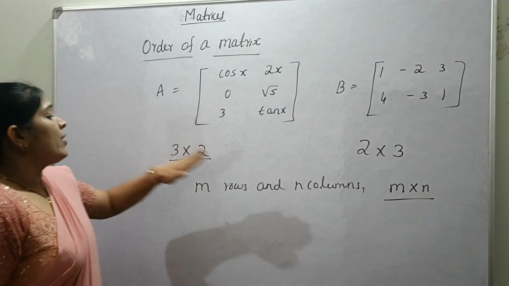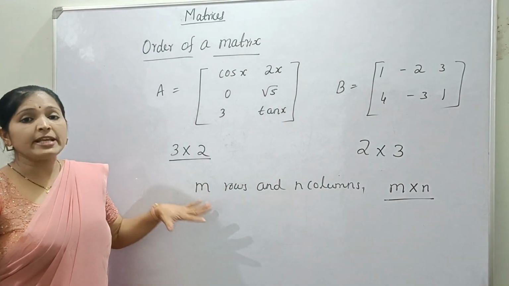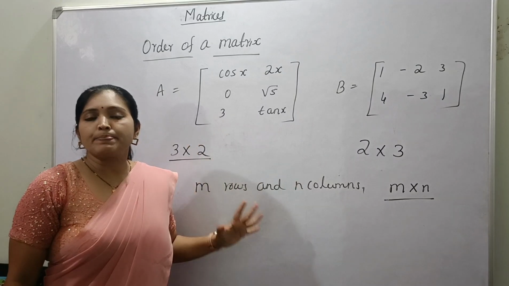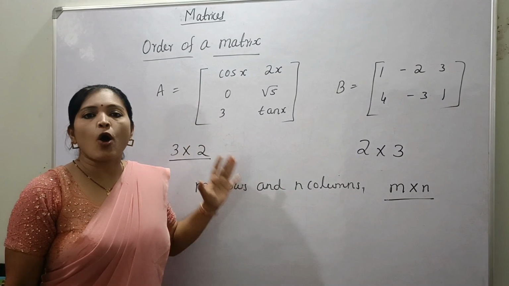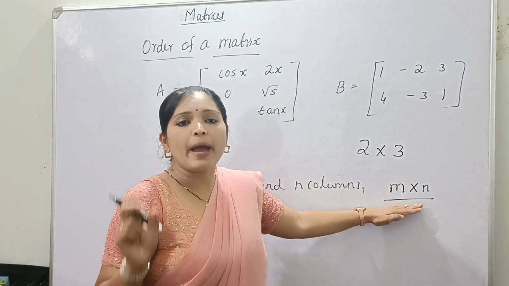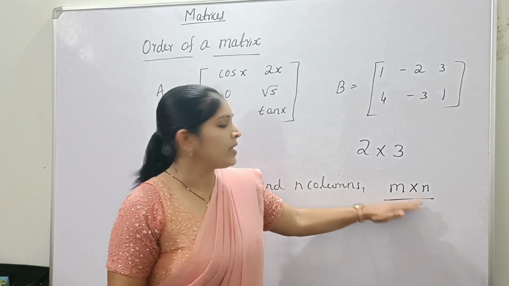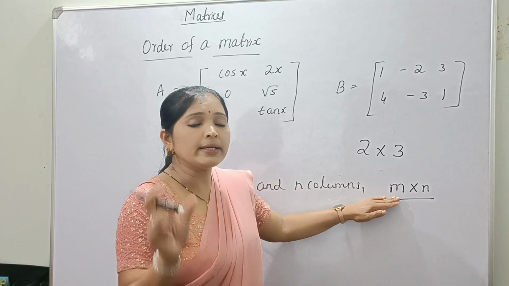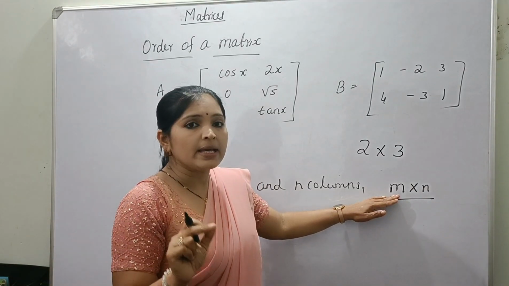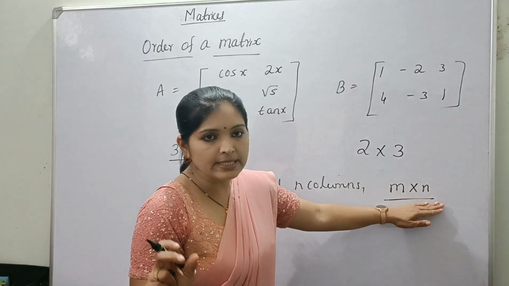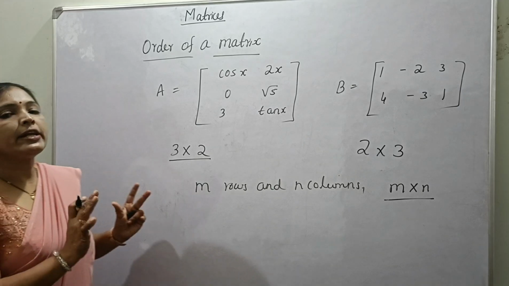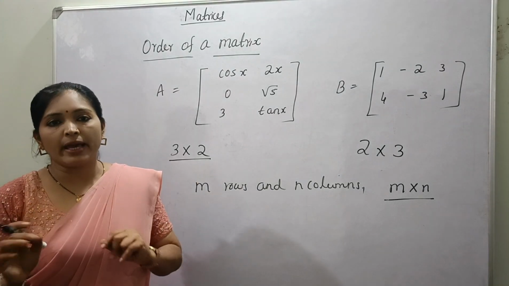Here m represents the number of rows and n is the number of columns. Now let us write the general form of a matrix, that is, an m by n matrix.